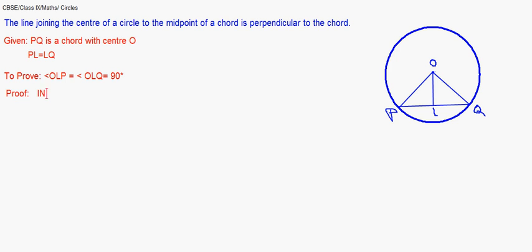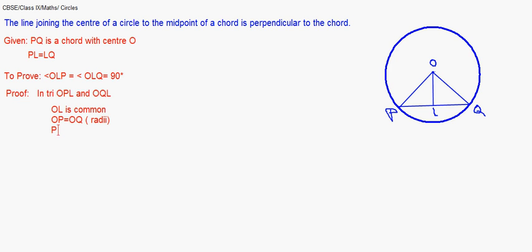Same as we did in the previous one, we take up in triangle OPL and OQL. With the same proofs, we can write OL is common, OP is equal to OQ, the same reason being they are radii.